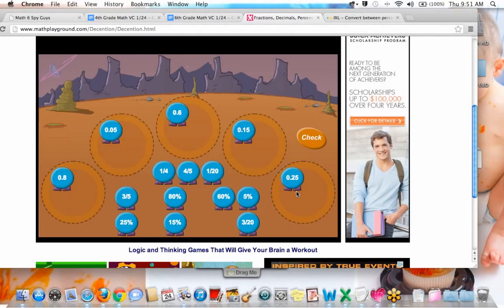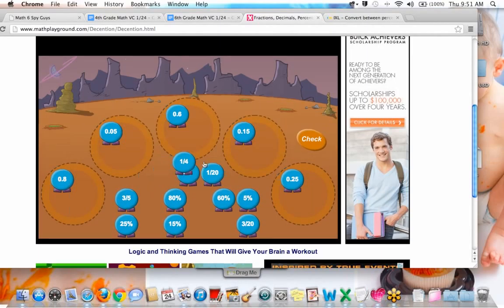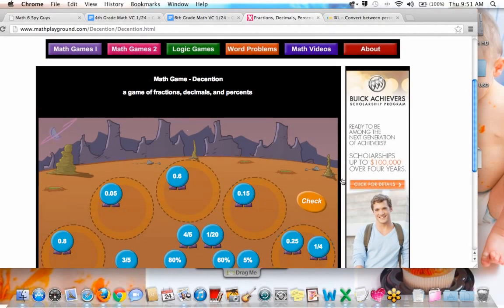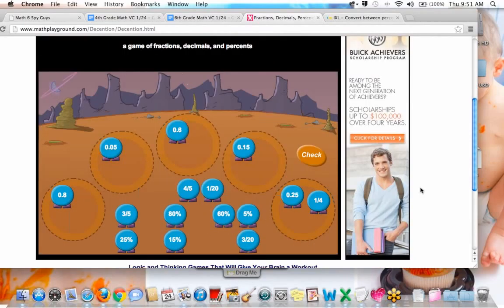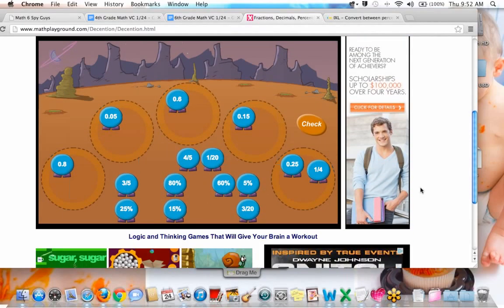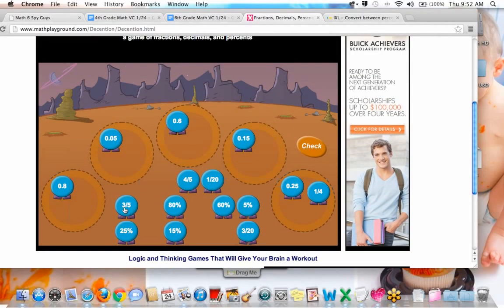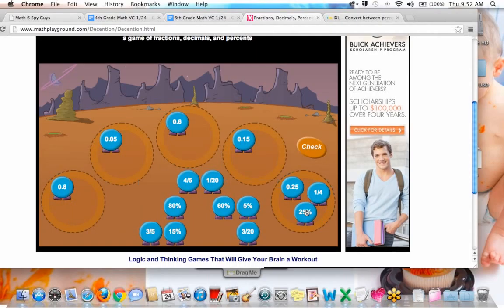That's actually not a real hard one. 25 hundredths is the same fraction as, if I'm looking at fractions, yes, 1/4. 1/4 can be written as what percentage? Good. Everyone's telling me 25%. Nice. So that one was pretty easy.